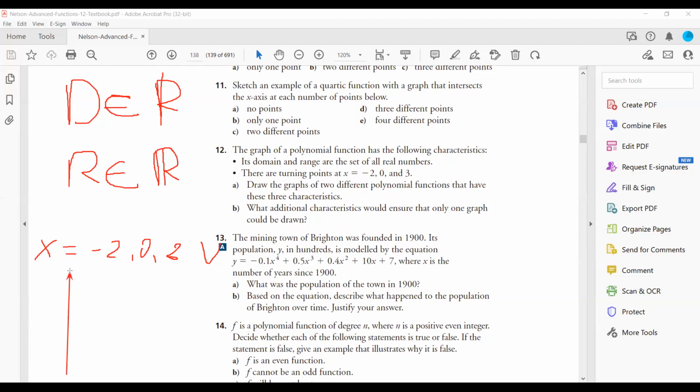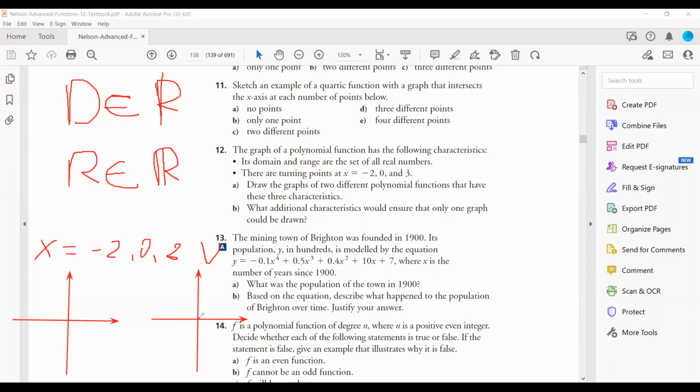So I'll do it right here. This will be graph number A. This would be graph number B. So first of all, the domain and range is the set of all real numbers. The turning points are at x negative 2, 0, and 3.